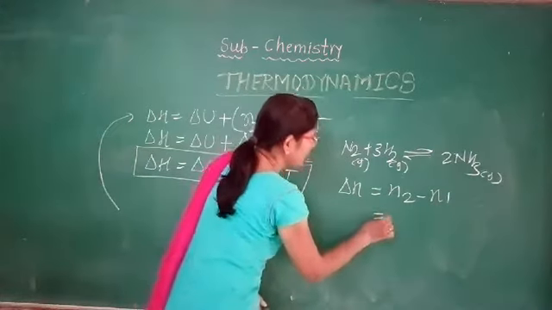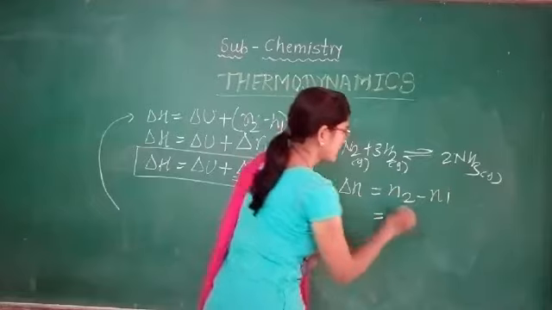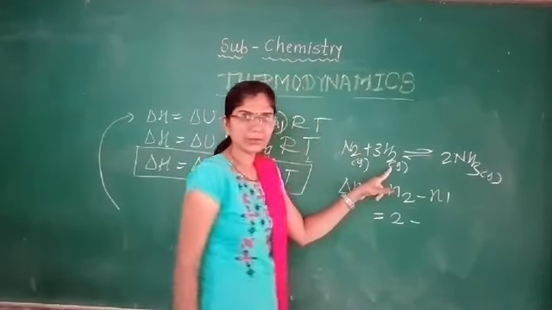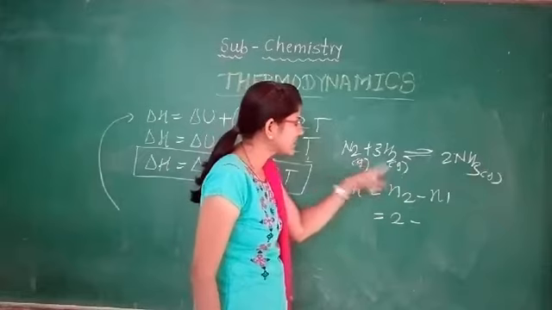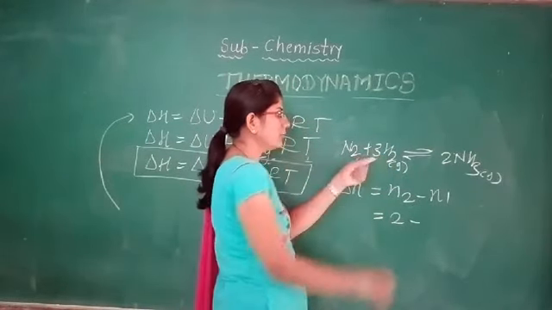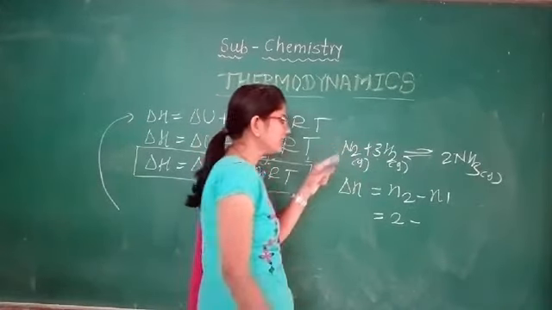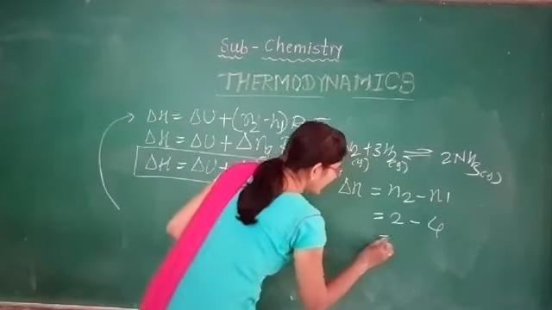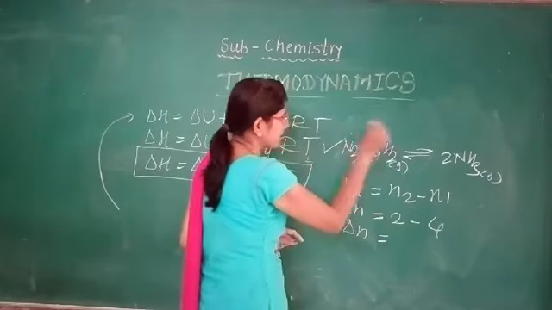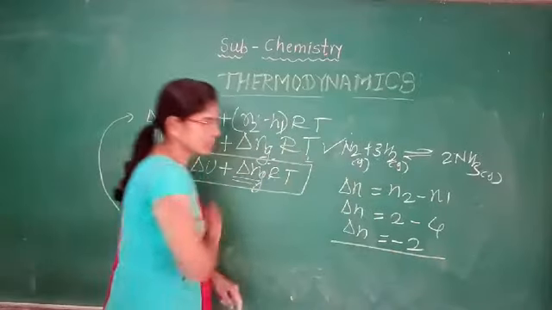Here the number of moles of gaseous products is 2, minus the total number of moles of gaseous reactants. इथं H2 चा कोएफिशिएंट 3 आहे, म्हणजे H2 चे नंबर ऑफ मोल्स किती आहेत 3, आणि N2 चे किती आहे 1. 3 plus 1 becomes 4, and therefore delta N for this chemical reaction becomes minus 2.